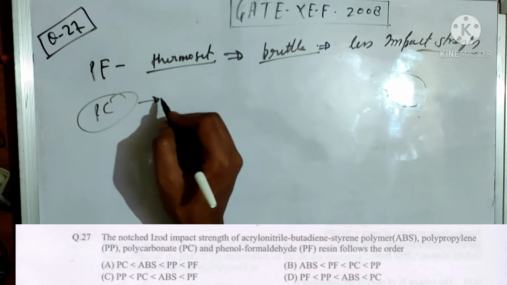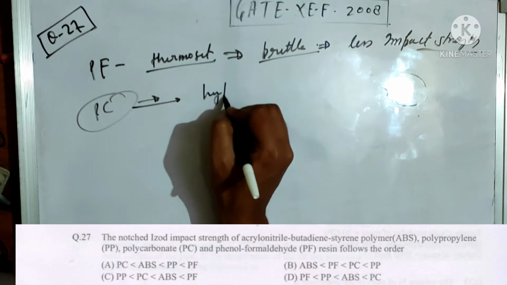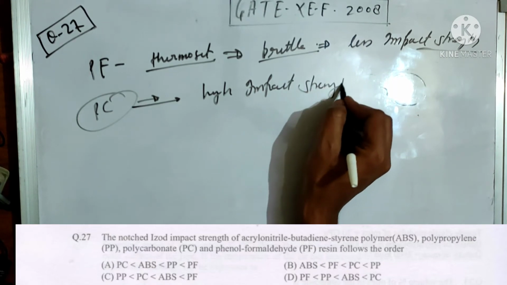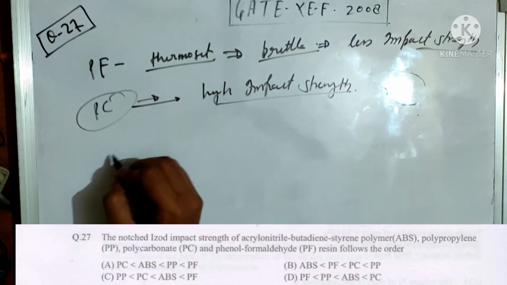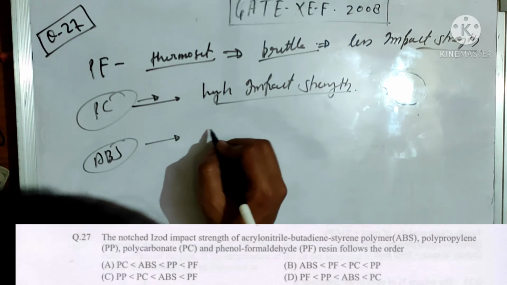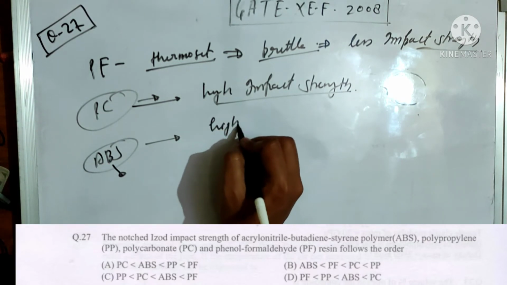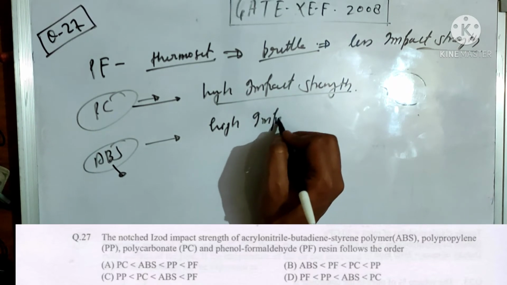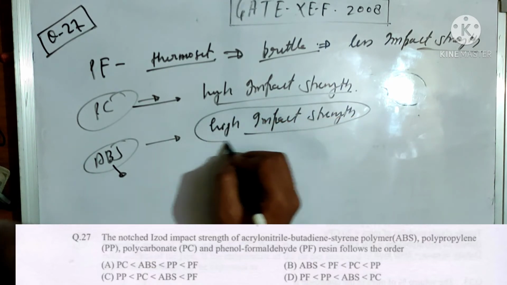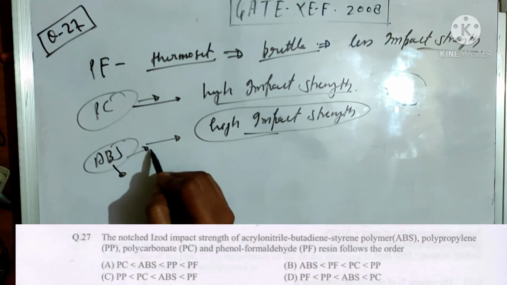Polycarbonate is an engineering plastic known for its high impact strength. ABS is an elastomer, and due to the presence of butadiene in its repeat unit, it also shows high impact strength. But compared to ABS, polycarbonate has the higher impact strength.